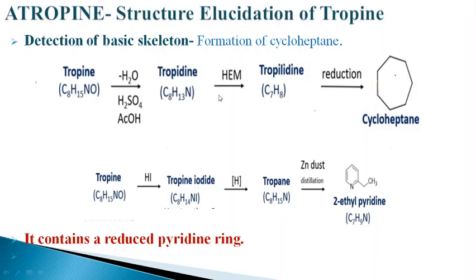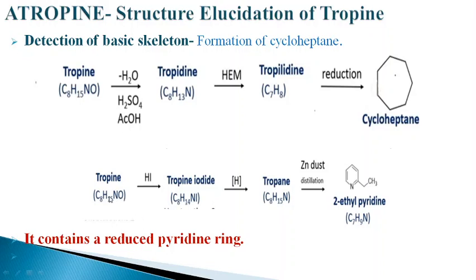This tropidine, when subjected to Hofmann's exhaustive methylation, gives tropylidine, with nitrogen being expelled along with one methyl group, converting it into C7H8. This tropylidine on reduction forms the cyclic compound cycloheptane, of known structure, which is a 7-membered ring.